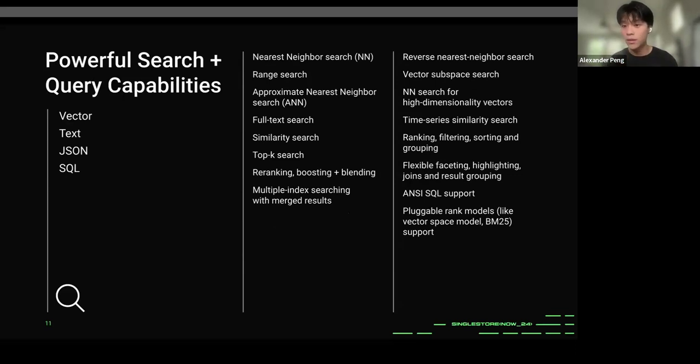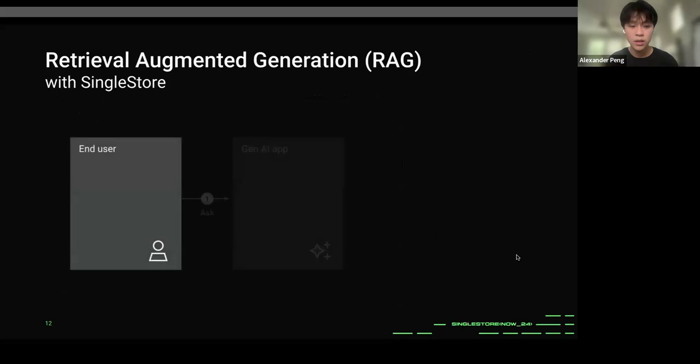We have all the vector search functionality you've come to be used to if you're already familiar with semantic search and information retrieval. But you also have full text search. You have time series search, ranking, filtering, all of those nice features that data engineers have come to expect from a modern analytical database.